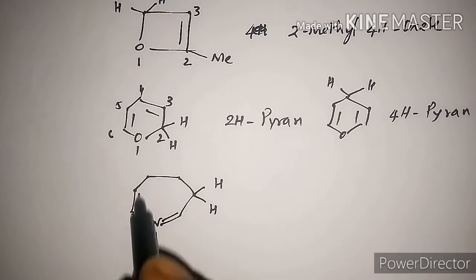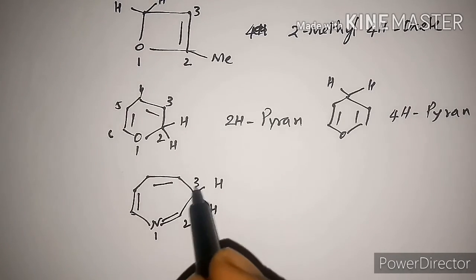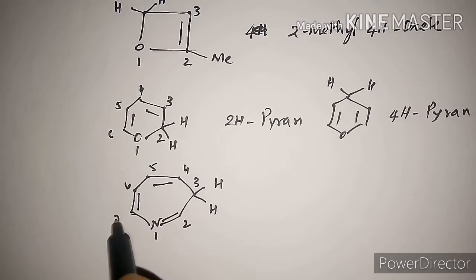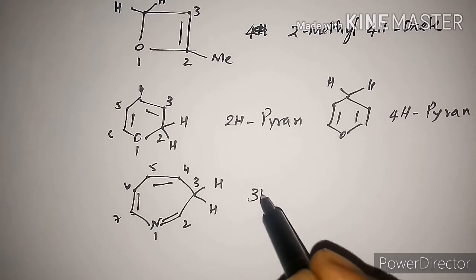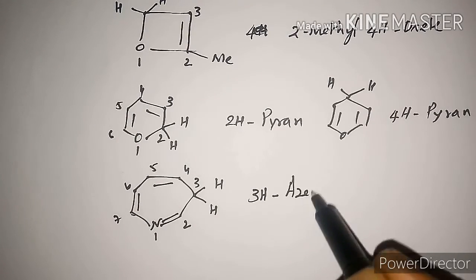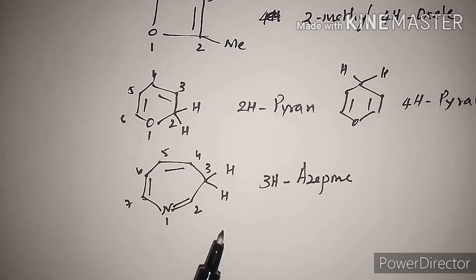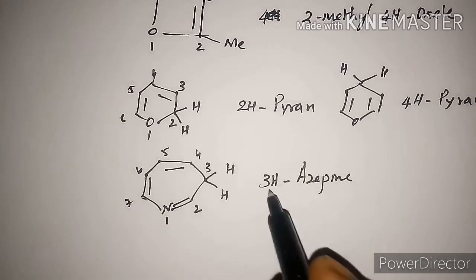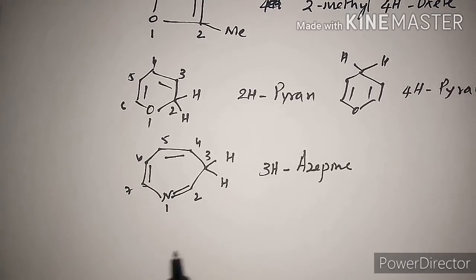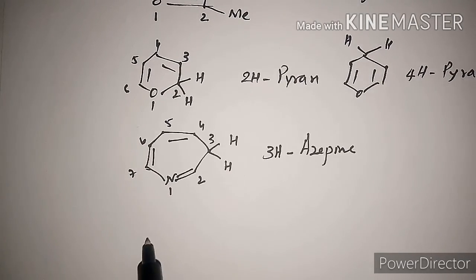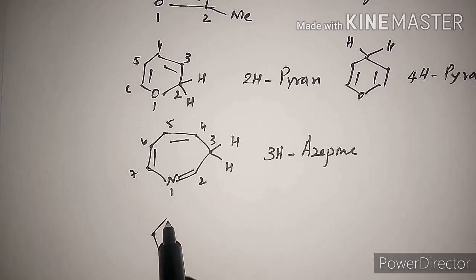So this is numbering 2, 3, 4, 5, 6, 7 member. Here it is 3H-azepine. So it is an unsaturated system in which one of the carbons is saturated. So 3H-azepine. Now another example.